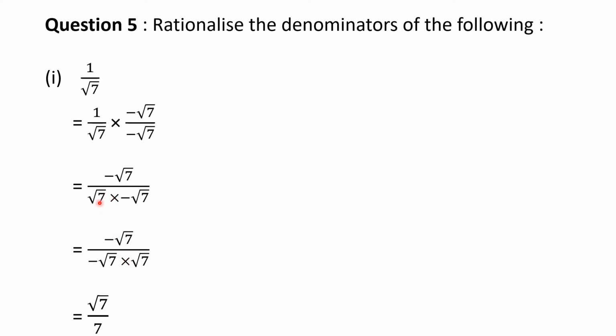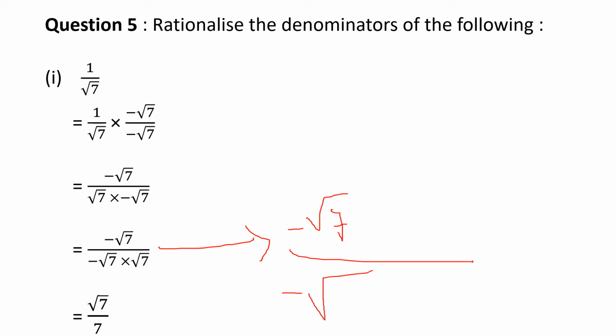Now you can see minus and minus, and there's no sign in between. So definitely negative number and negative number will cancel, right? So I cancel the negative number and I cancel the negative number, right? Now you can see that this is, don't cancel the root 7. See, look, some kids, what they will do, they'll come in this step, and then what they'll do, it's root 7 minus root 7 divided by minus root 7 into root 7, right?